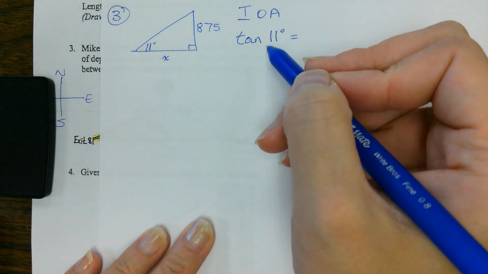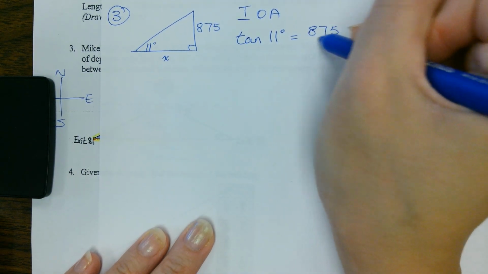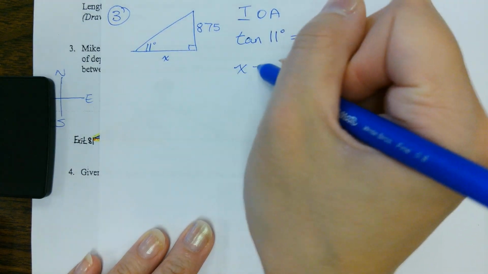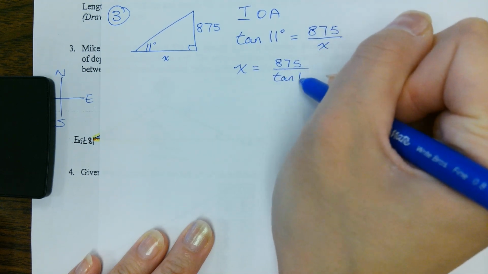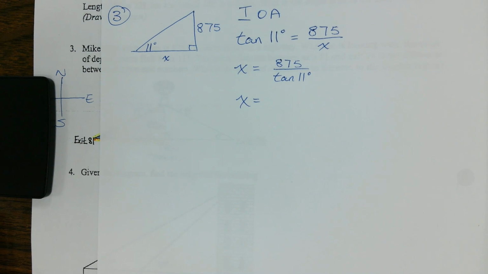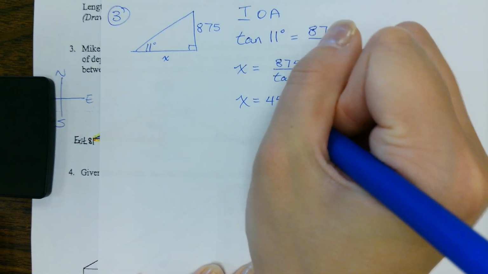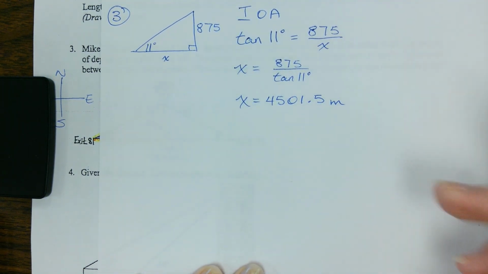Okay, so tangent 11 degrees equals opposite over adjacent. Okay, cross multiply, divide, so x equals 875 divided by tangent 11. So x equals 875 divided by tangent 11, 4,501.5 meters.